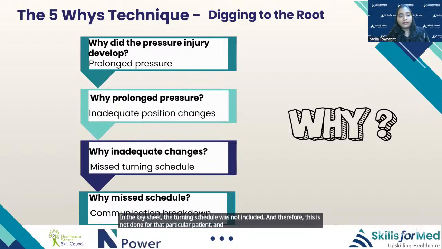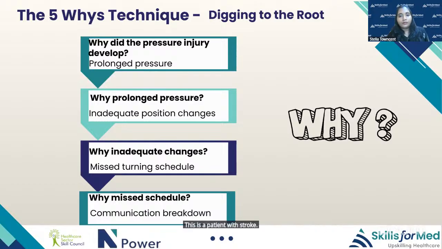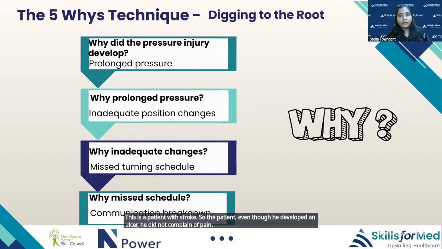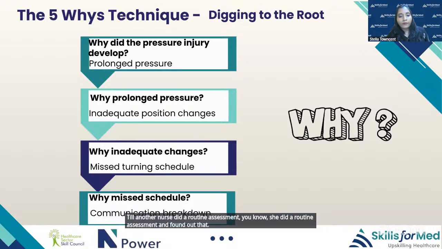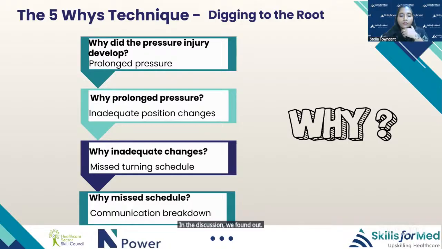And as Stella pointed out, this is a patient with stroke. So even though he developed an ulcer, he did not complain of pain till another nurse did a routine assessment and found out that it had already progressed to a stage 3 pressure ulcer. When we discussed why there was this missed turning schedule, we found out there was a communication breakdown.